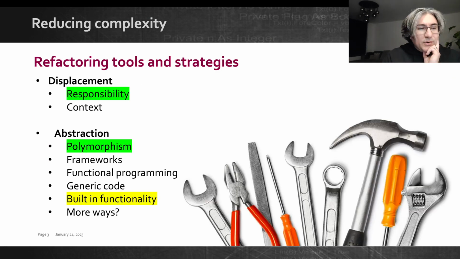What we have already talked about is refactoring tools and strategies, displacement by responsibility, abstraction by polymorphism, and today we're going to use the built-in functionality, just one of the many, of course. We're going to focus on the Enum, as I have said before.